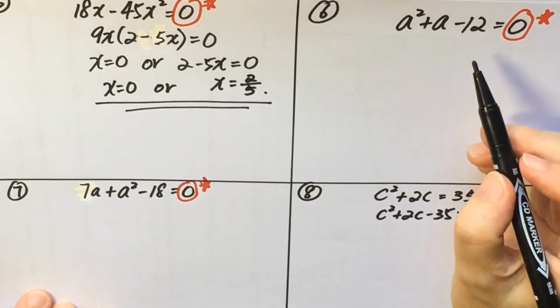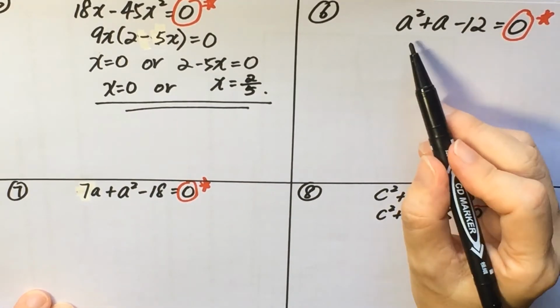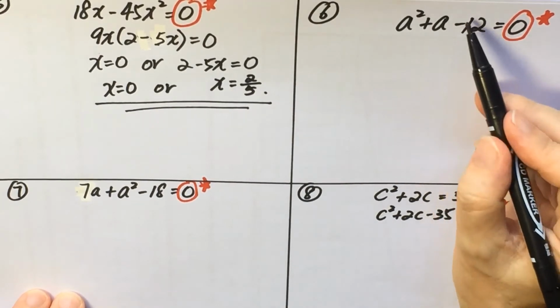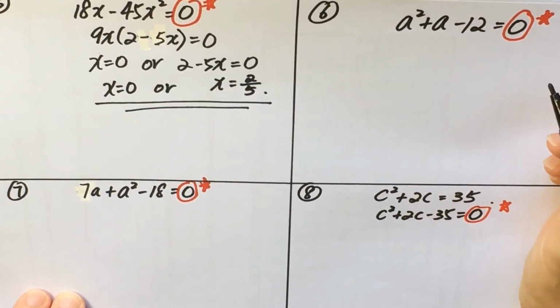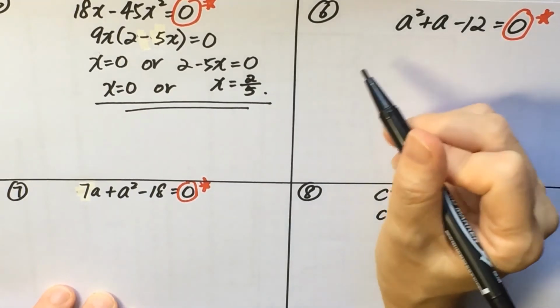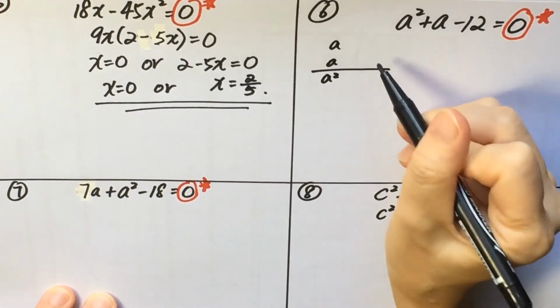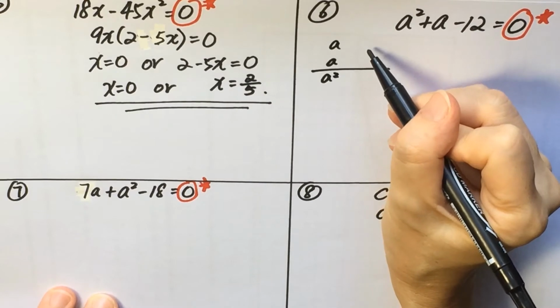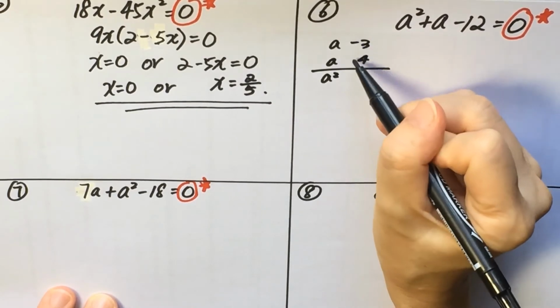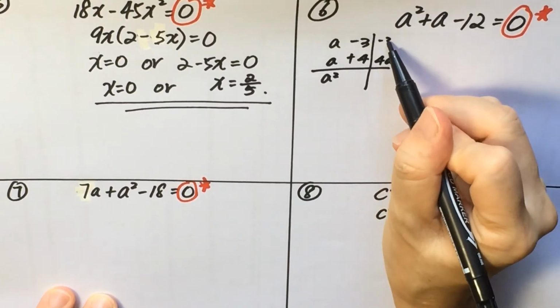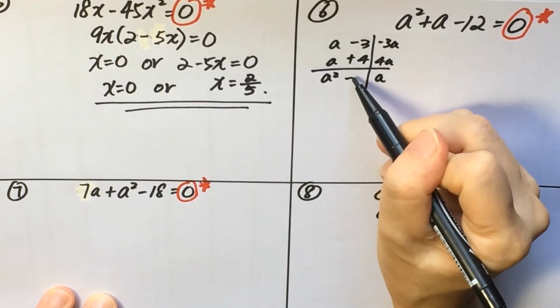Okay, next one. Okay, this is containing 3 terms, and we can see very obvious that this is not a perfect square. So when this is not a perfect square, we are going to use the cross method to factorize it. Okay, so you can see that a and a, 12, we decompose it into 3 and 4. Okay, so negative 3 and plus 4, so this will be 4a minus 3a together will be a, so this is 12.